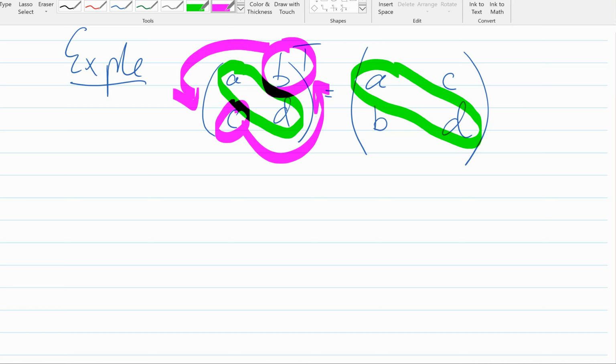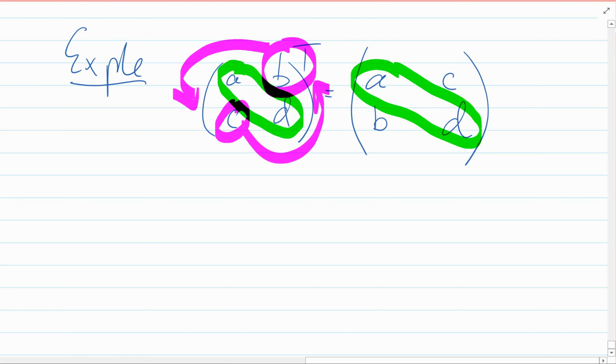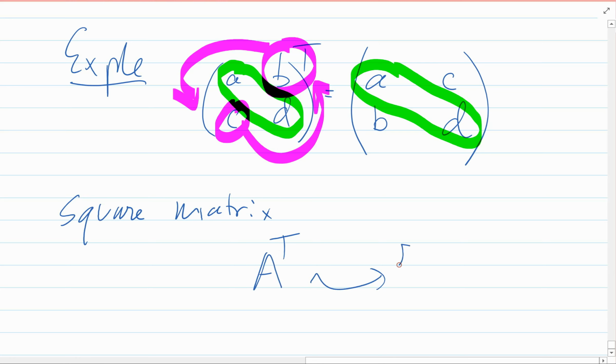This is the case for any square matrix: the transpose A transpose is just a reflection about the main diagonal.